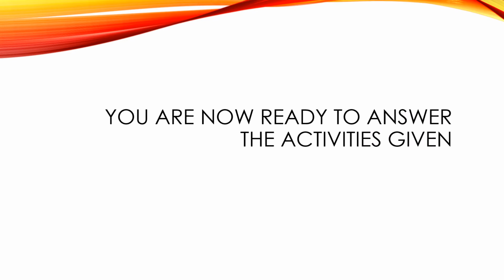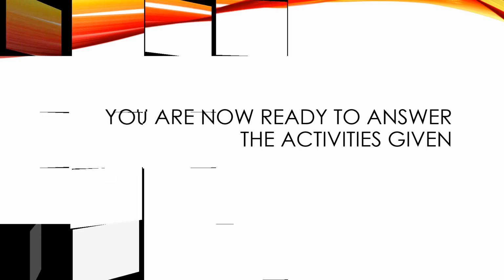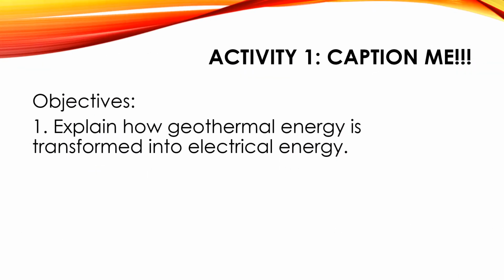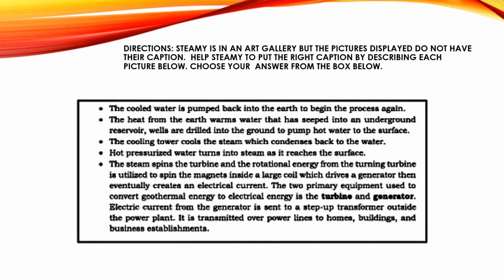You are now ready to answer the activities given. Activity 1. Caption me. Objectives. Explain how geothermal energy is transformed into electrical energy. Direction. Steamy is in an art gallery, but the pictures displayed do not have their caption.